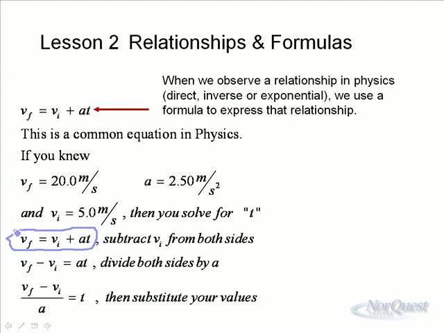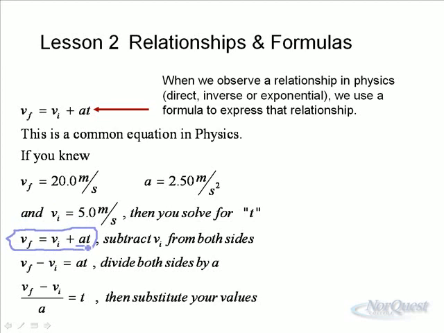In order to solve this for t algebraically, you use the basic golden rule of math, which is whatever you do to one side of an equation, you do to the other. In order to isolate t here, we need to get rid of everything else. That means lose everything else. So how do we get rid of VF or VI?